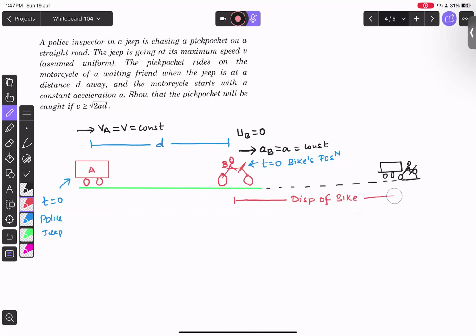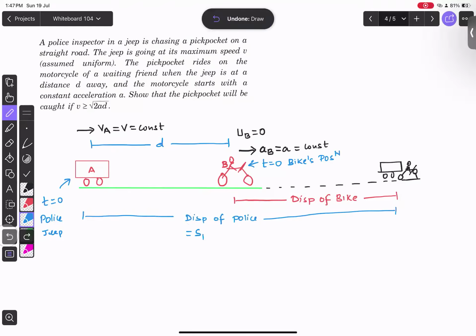How much displacement has the police undergone? This much. Suppose I call the displacement of the police SA, and the displacement of the bike SB.